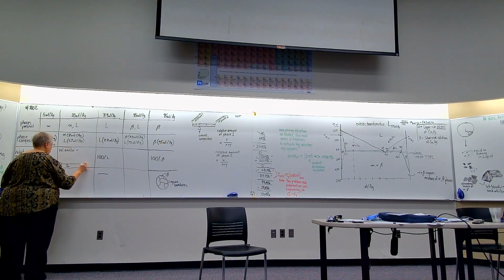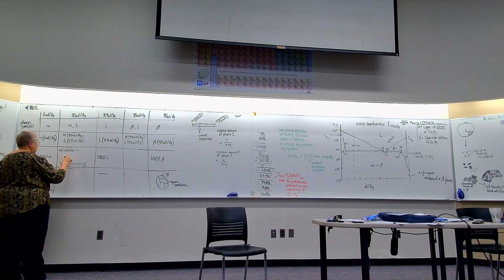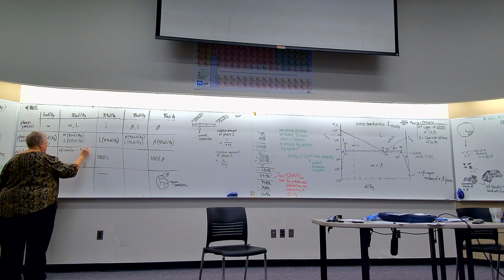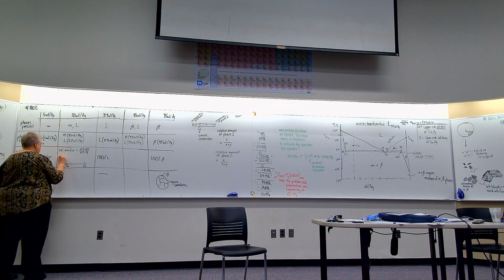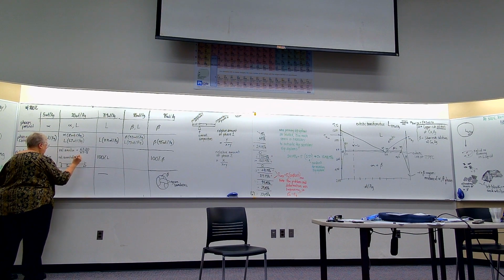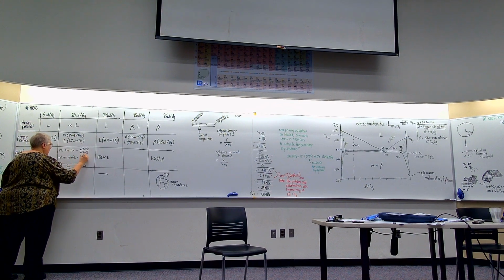That's alpha, that's liquid. So the relative amount of alpha is going to be 67 minus 20 over 67 minus 8. And the relative amount of liquid is going to be 20 minus 8 over 67 minus 8.